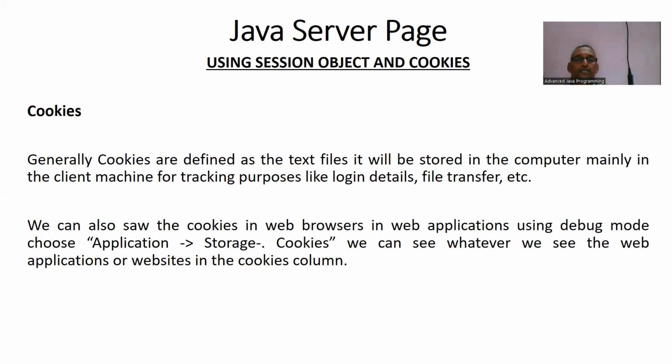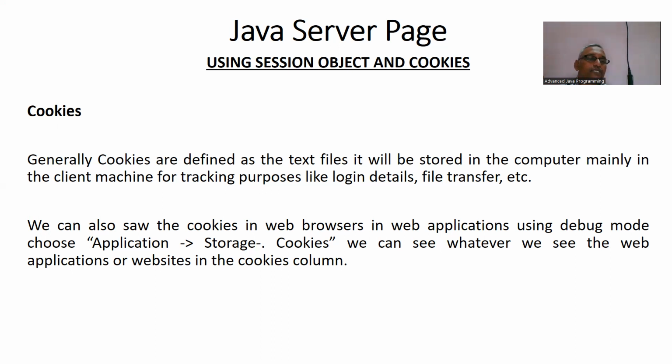In client-server interactions, like the request and response methods, request.getCookies is used to return an array of the cookie instances. JSP cookie methods: some methods are public void setDomain, public String getDomain, public void setMaxAge, int getMaxAge, and getName.